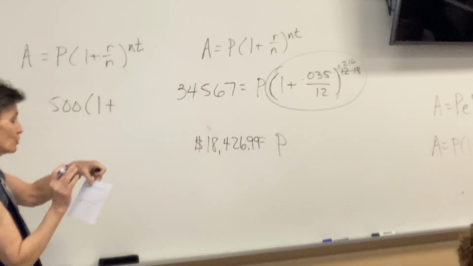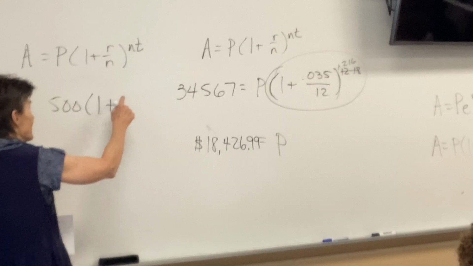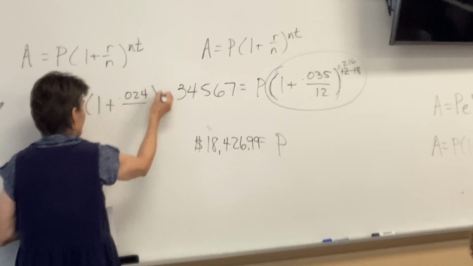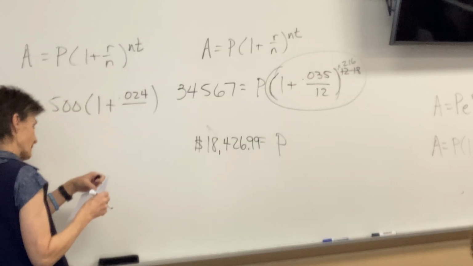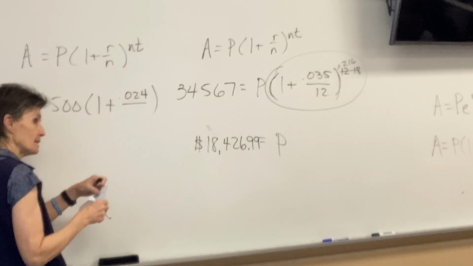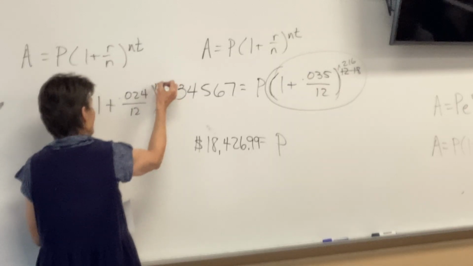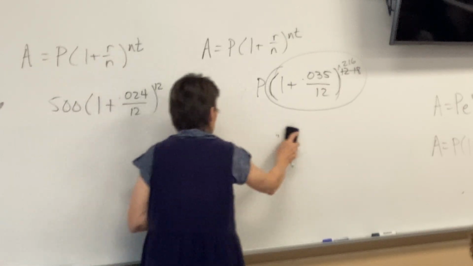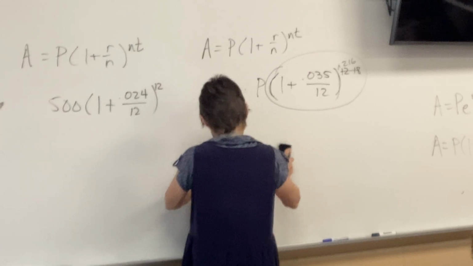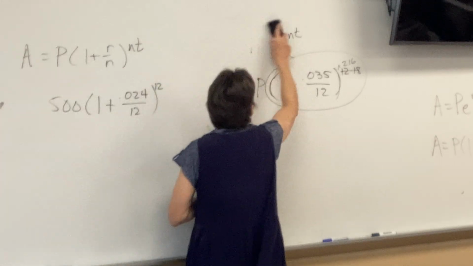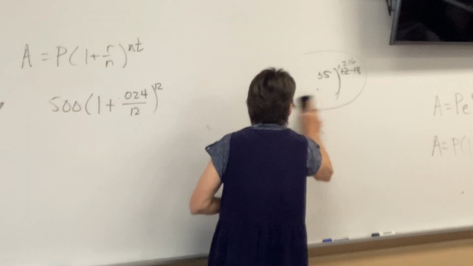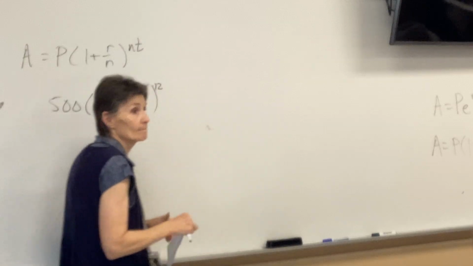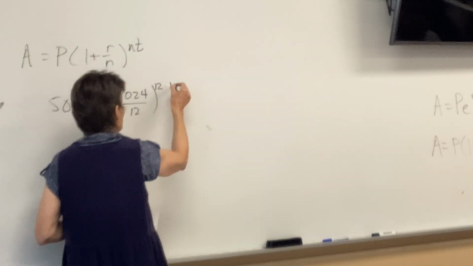The account is paying 2.4%. What's my decimal? 0.024. Compounded monthly means N is 12. What is my T? 14. Why is T 14?